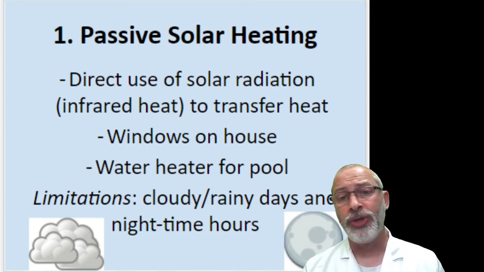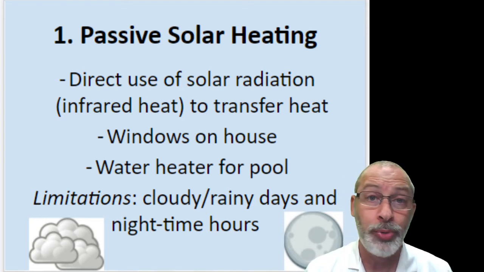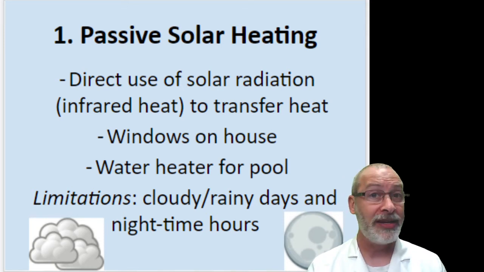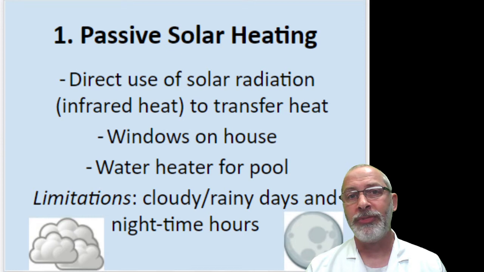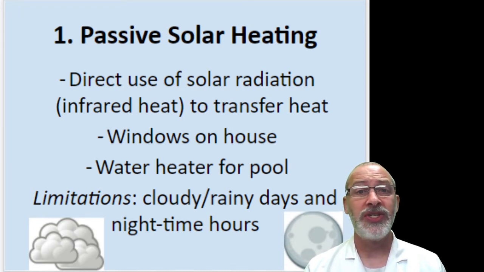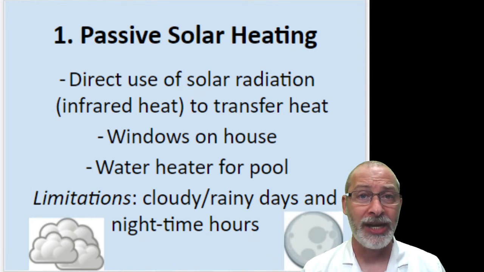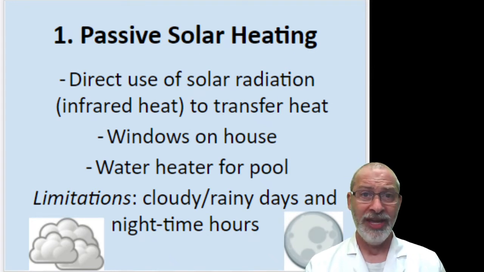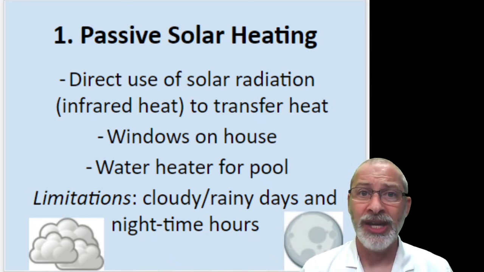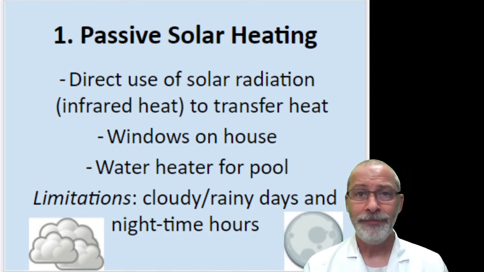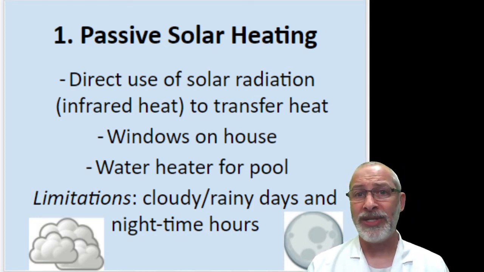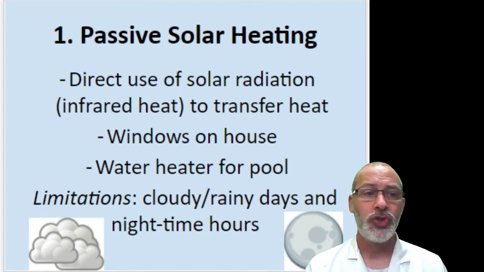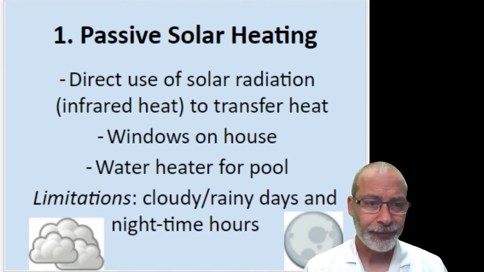Now, I mentioned regarding nighttime hours, some pool covers can help prevent the heat energy from escaping, but be that as it may, the sun simply doesn't shine on the surface of the earth that is experiencing nighttime. So that is certainly a limitation of passive solar heating.